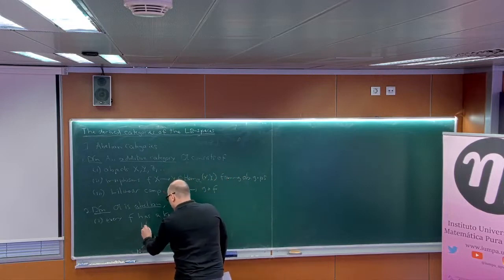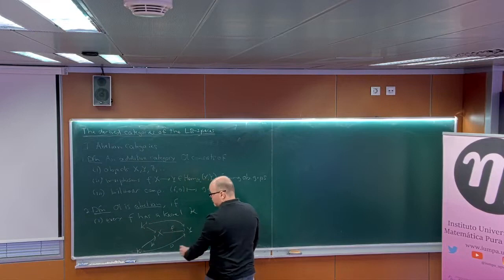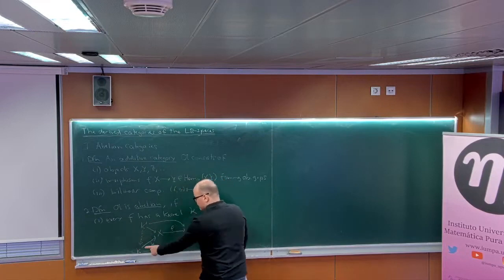So if I take another morphism here that also makes this 0, then that factors uniquely through that kernel.